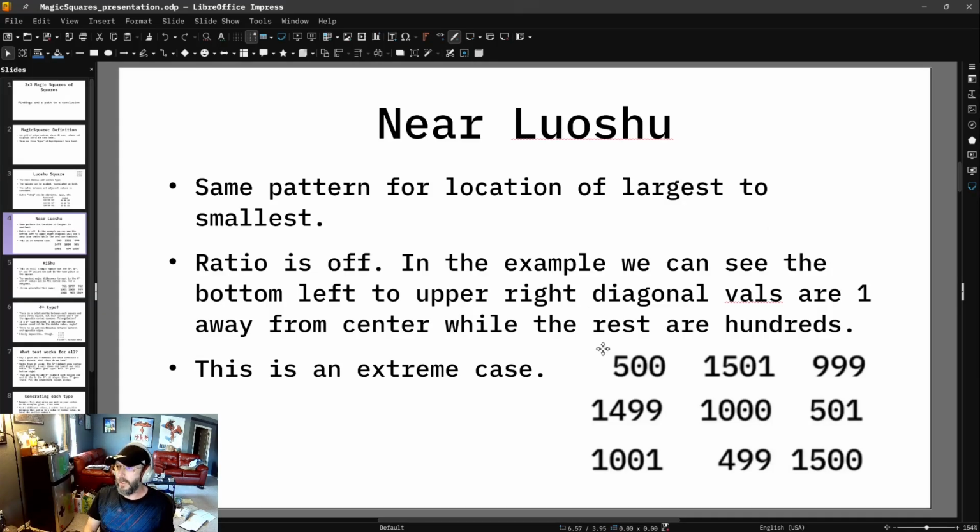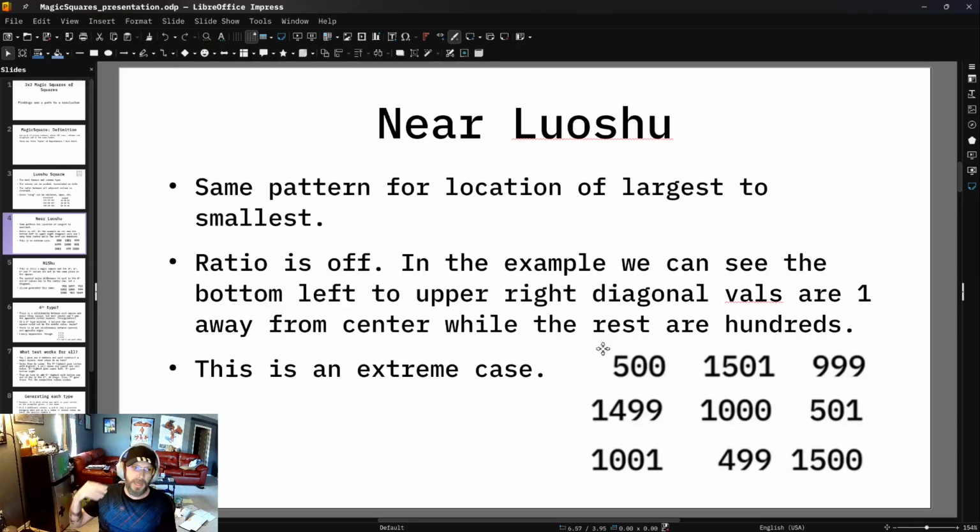We can see very quickly that going bottom left to upper right, these middle values 4, 5, and 6 are only 1 away from our center value. But all of the other values are 499 and 501, and then in between the center value, or from each other, and from the center value. So our ratio is completely blown away.